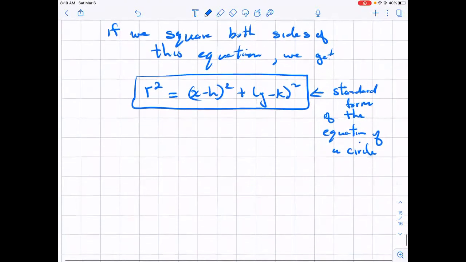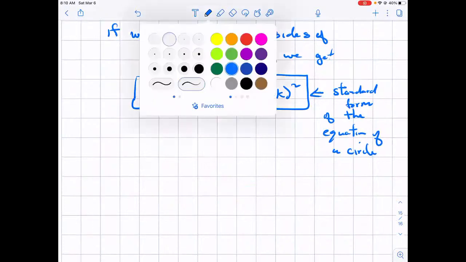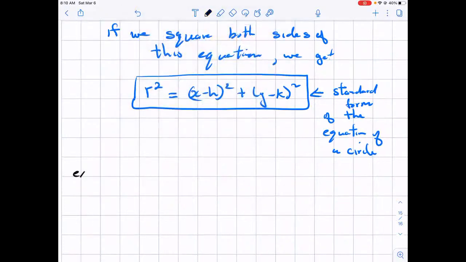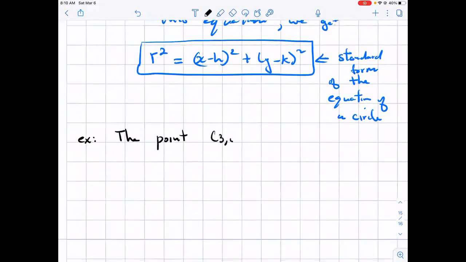So let's look at an example. Suppose I ask you to find whether the point 3, 4 lies on a circle.